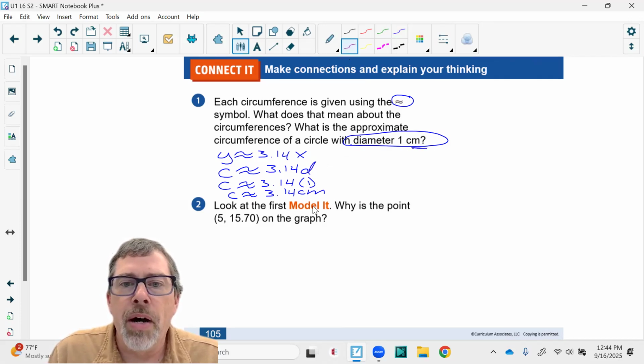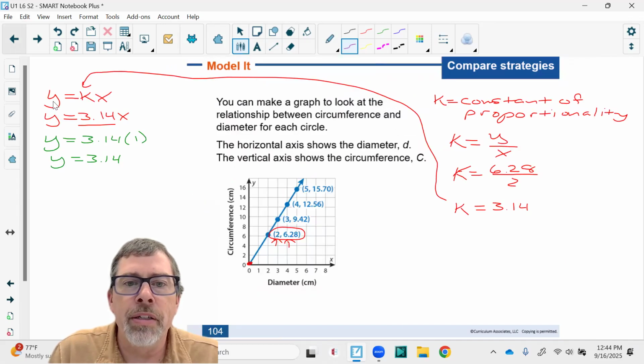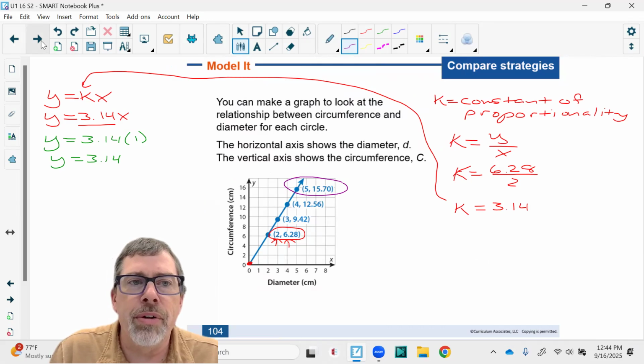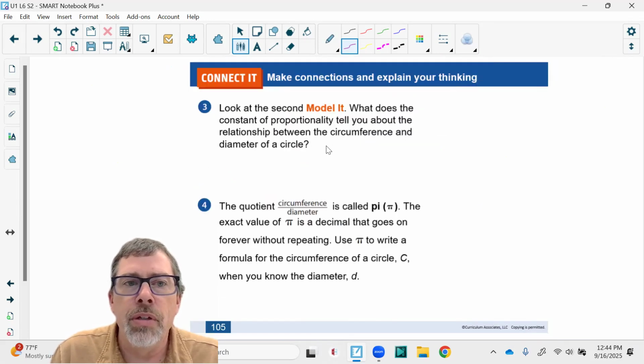Now look at the first model it. Why is the point (5, 15.7) on the graph? Okay, the first model it, it's right here. Because when you have a circle with a diameter of 5, the circumference is 15.70.